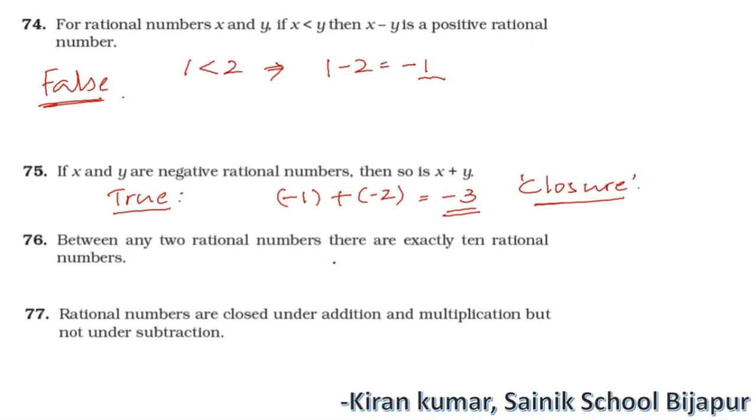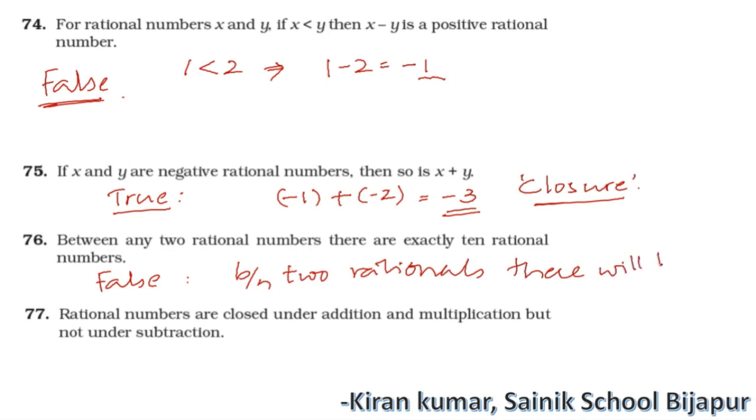Between any two rational numbers, there are exactly 10 rational numbers. This statement is false because between two rationals, there will be infinite rationals.